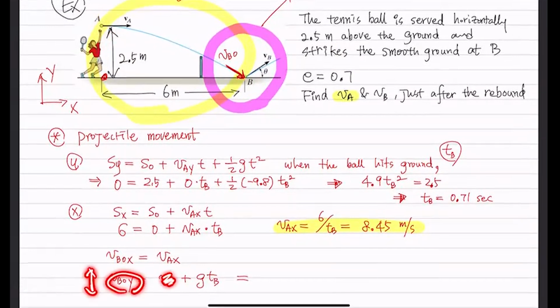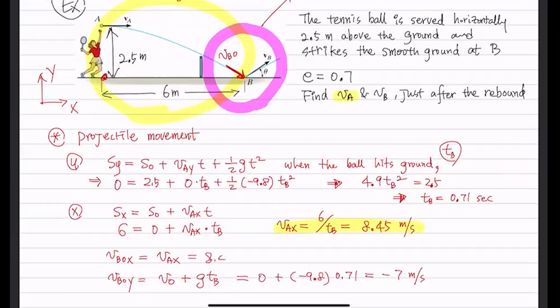So 0 plus negative 9.8 times tB, which is 0.71, is going to give us something like negative 7 meters per second. And this is 8.45 meters per second.